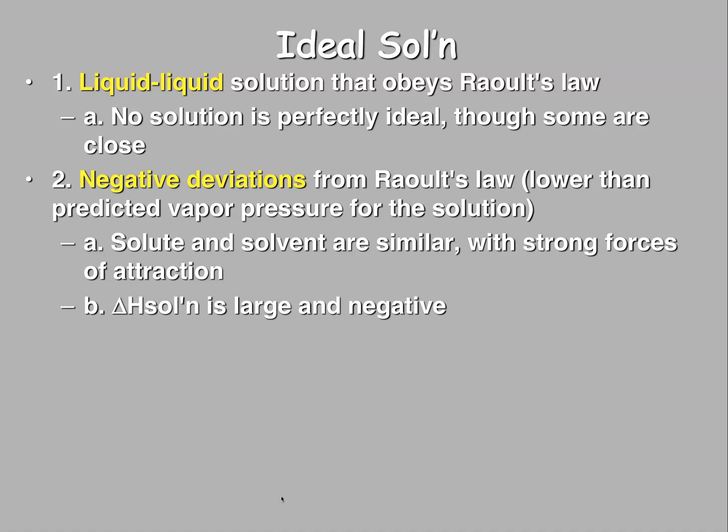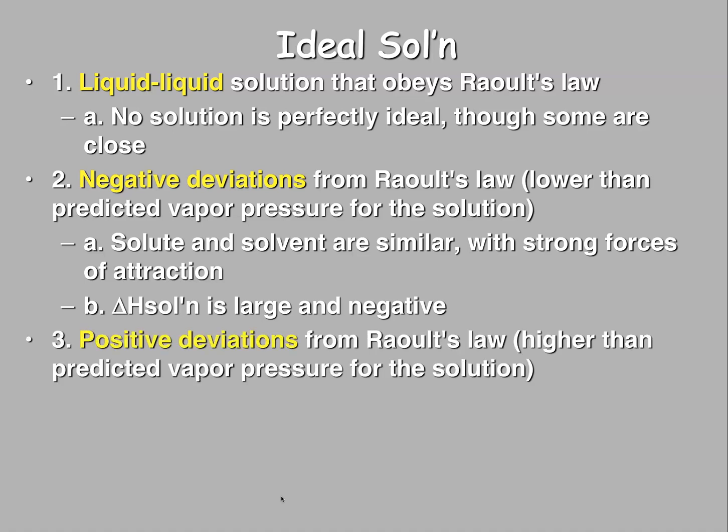Remember, we want negative heat of solution, says the solution should form. And especially if it's large and negative, the magnitude, then the solution really wants to happen because of the similar IMFs.